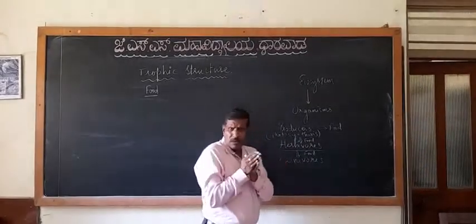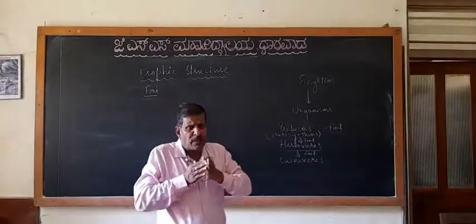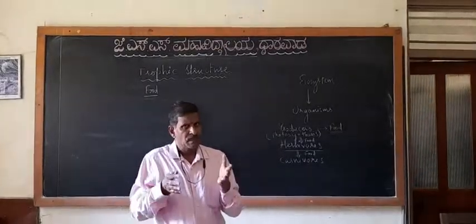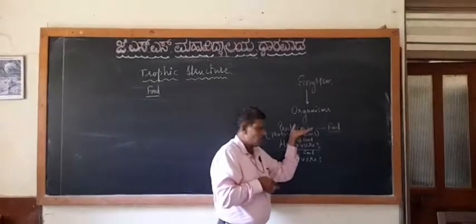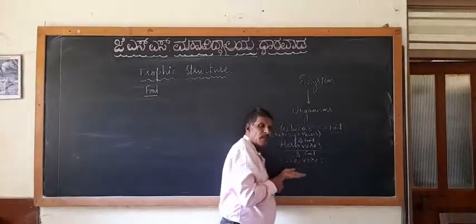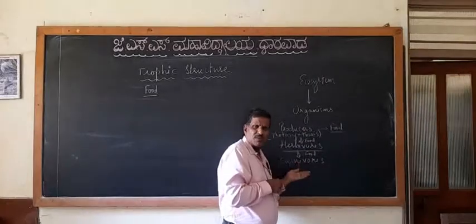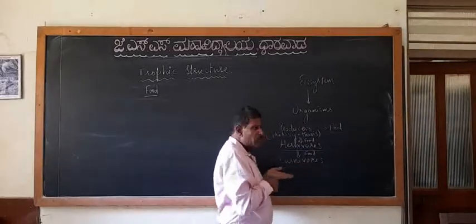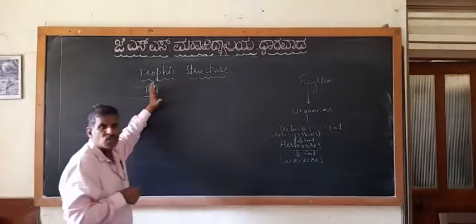Here the food is being distributed or transferred from one level of organisms to another level of organisms. We refer to this as the trophic structure.